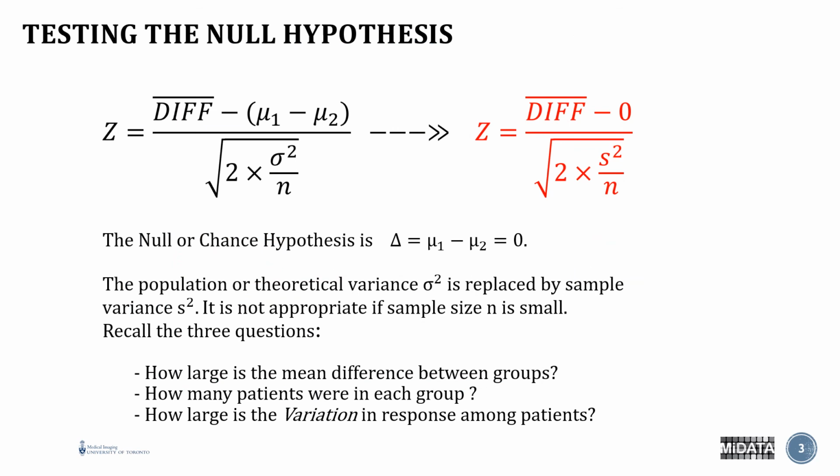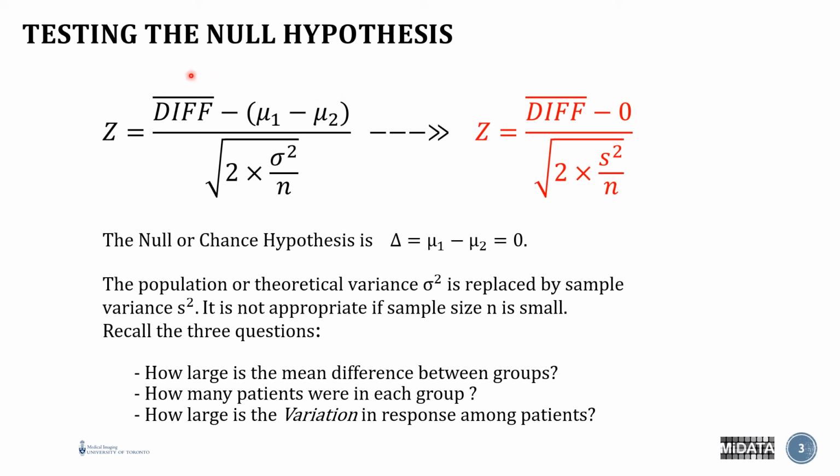Let's come back to testing the null hypothesis. So as we saw in the z-score, we have the difference between the sample means, and now we want to test it against the null hypothesis, which in this case will be the difference between the hypothesized population means, and because we want to show that there's no difference, these two theoretical population means will be the same and therefore equal to 0.